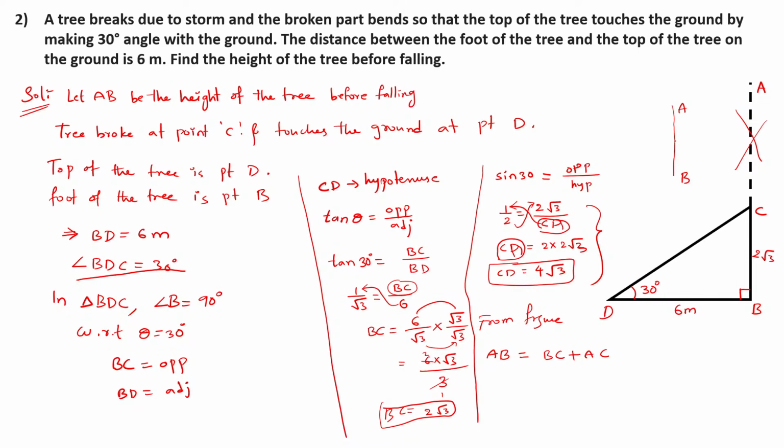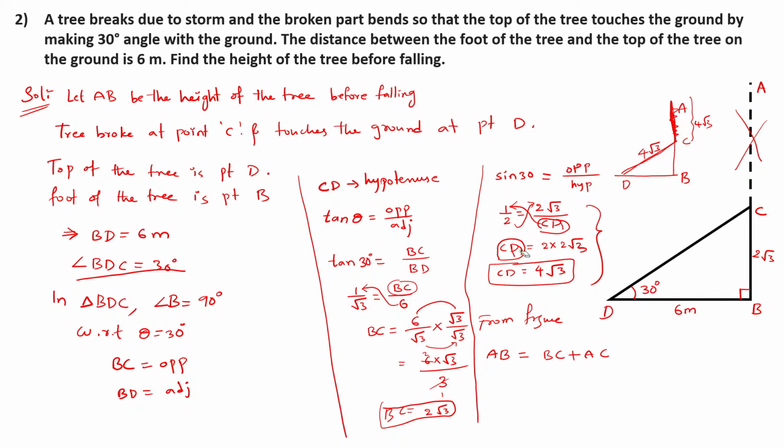So this tree broke at point C. Now this part is fallen down and touching the ground at point C. That means this CD line and CA line both are same. Whatever the length we have found, it is 4 root 3. So AC value also becomes 4 root 3 only.